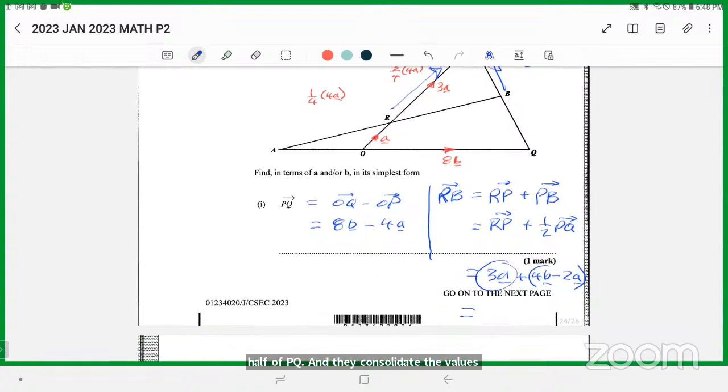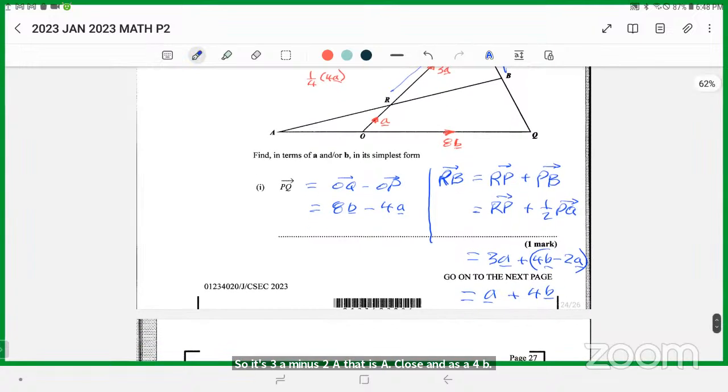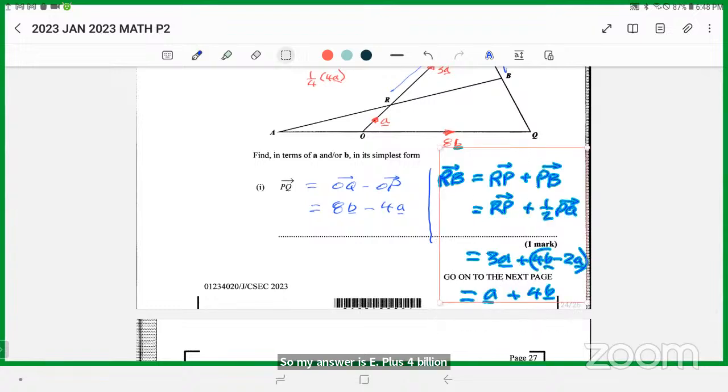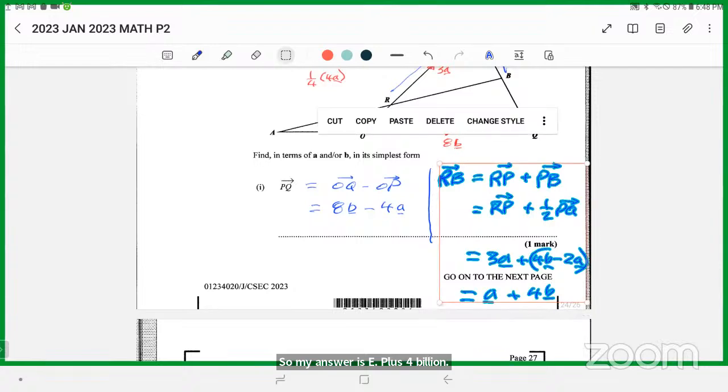So it's 3A minus 2A, that is A, plus 4B. So my answer is A plus 4B. Let me copy this down now. That's my calculation down here.